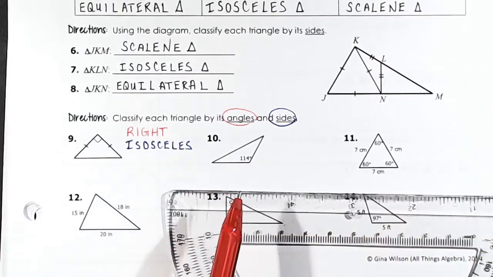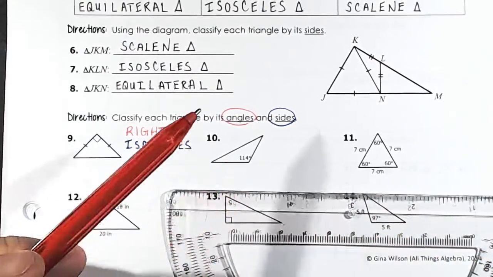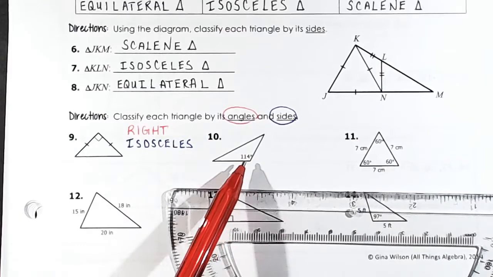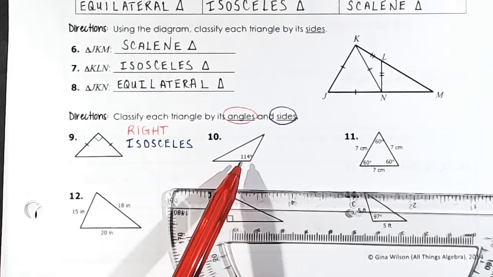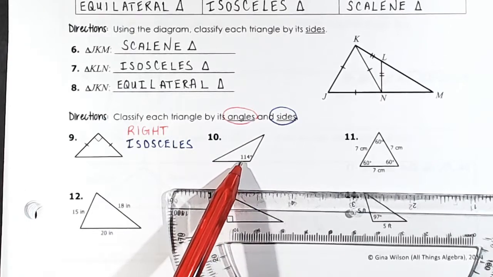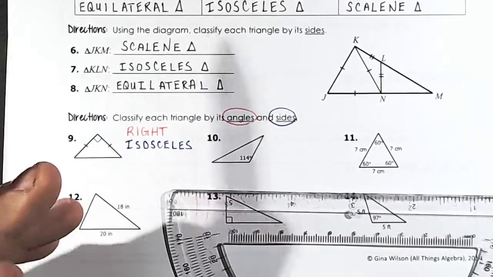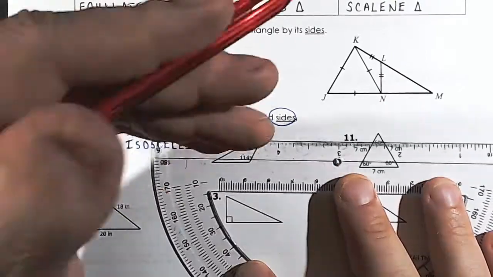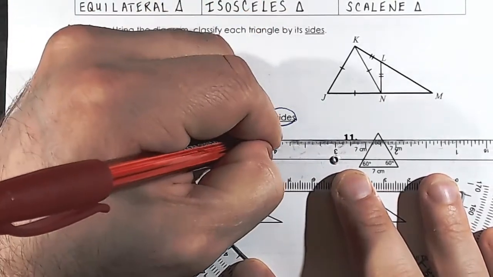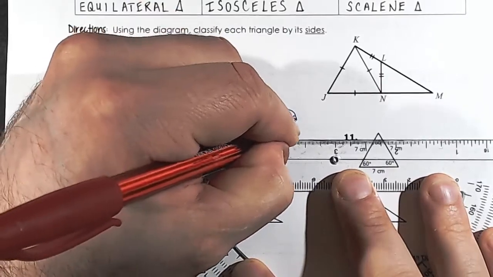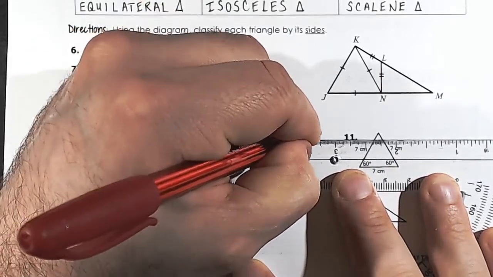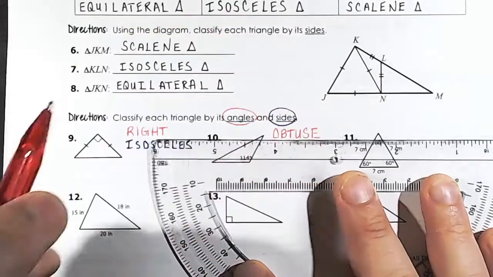Okay, and number 10, we have one angle that we're given that is over 90 degrees. This says 114 degrees. That is an obtuse angle. So this is an obtuse triangle from an angular perspective.